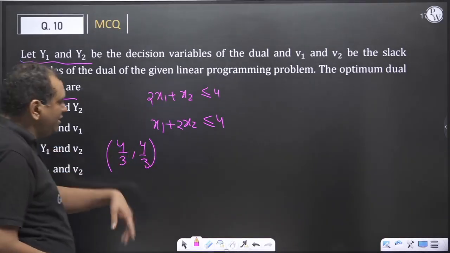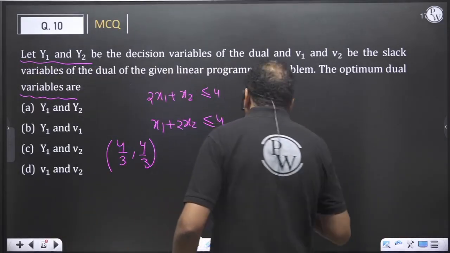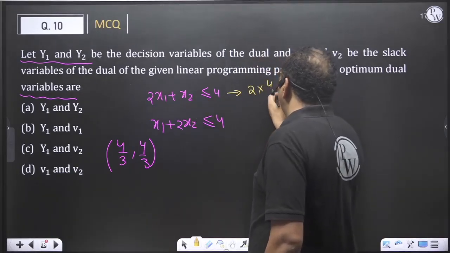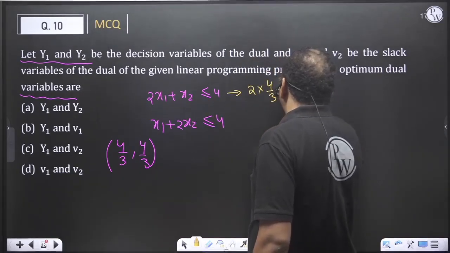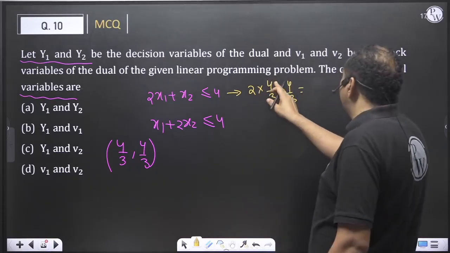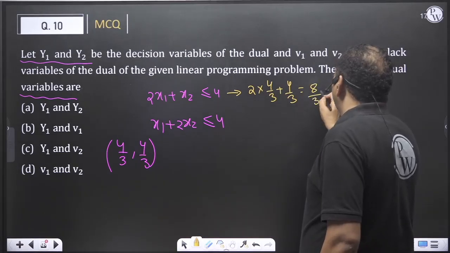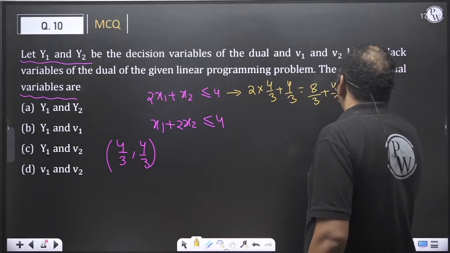So let us see if the left hand side and right hand side are equal. 2 into 4 by 3 plus 4 by 3 is 8 by 3 plus 4 by 3, 12 by 3, which is 4.